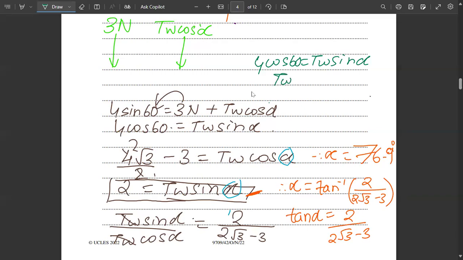What I mean is, let's rearrange TW first. TW is 4 cos 60 upon sine alpha. And as you know, alpha is 76.9. So let me write that down. Alpha is 76.9.